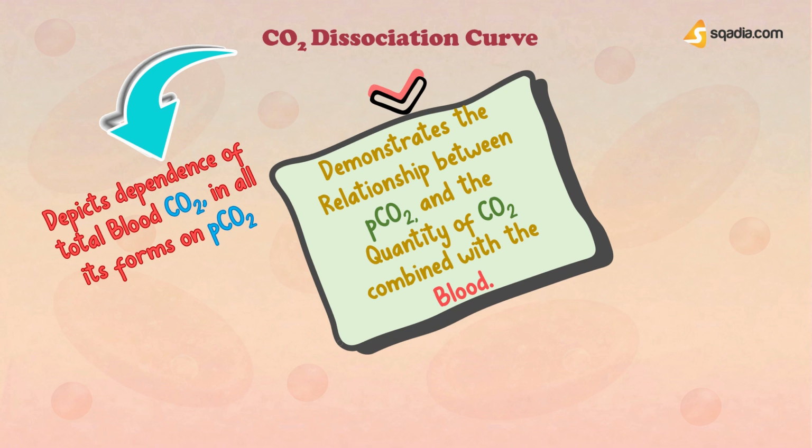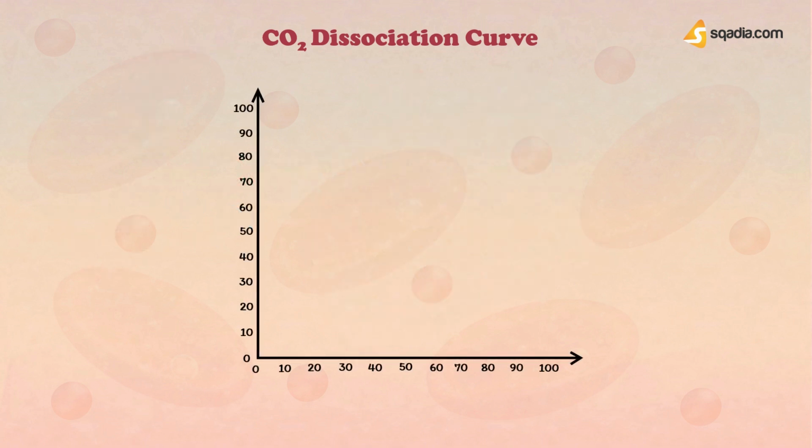Here, partial pressure of carbon dioxide is plotted on the x-axis, while the carbon dioxide content, or the carbon dioxide concentration in blood in milliliters percent, is plotted on the y-axis, rather than just its hemoglobin saturation like oxygen.